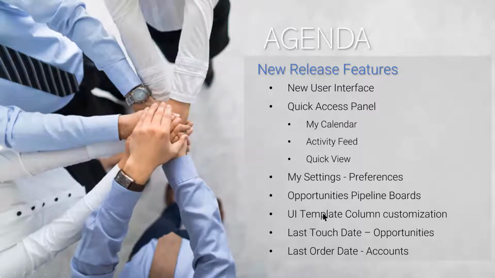And then in the user interface templates, we now have the ability for the admin user to customize the column settings. So if you have a large number of users, and if you're setting up your database and you would like to have your users, when they first log into Clarity Soft, have all the columns that you would like them to see in accounts and contacts and opportunities, you can now set that up in the UI template.